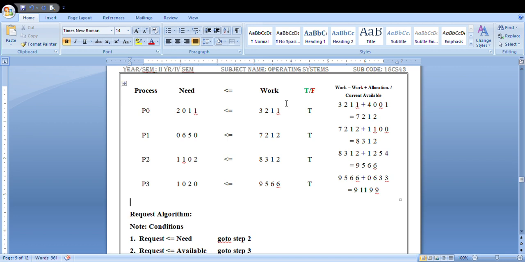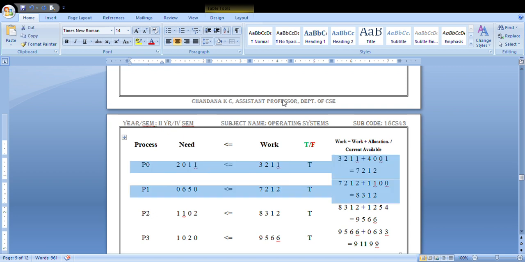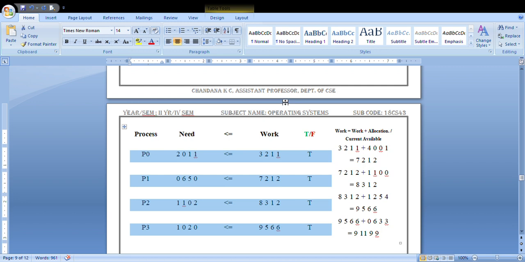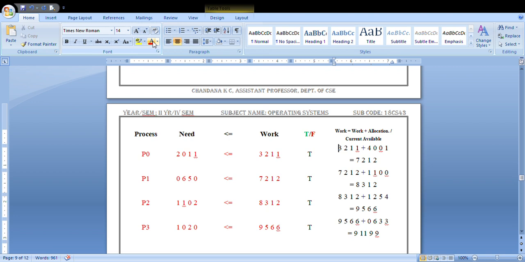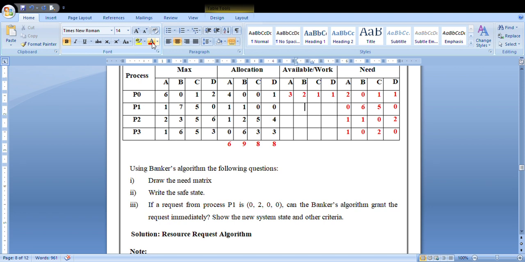This is the total available value. This is what we calculated as the available value. Please update these values in this table. So what is the next updated available value? It's 7212.